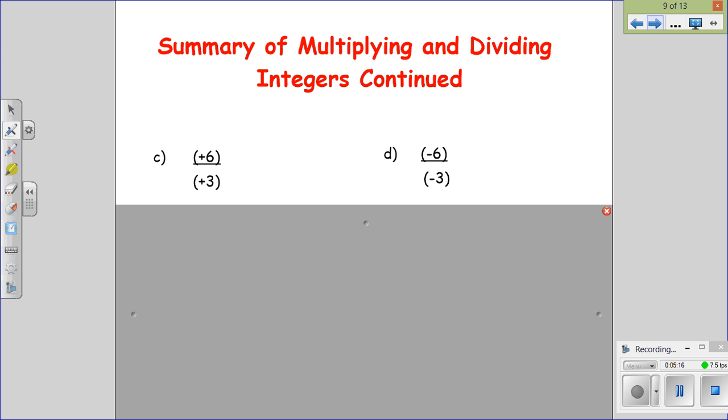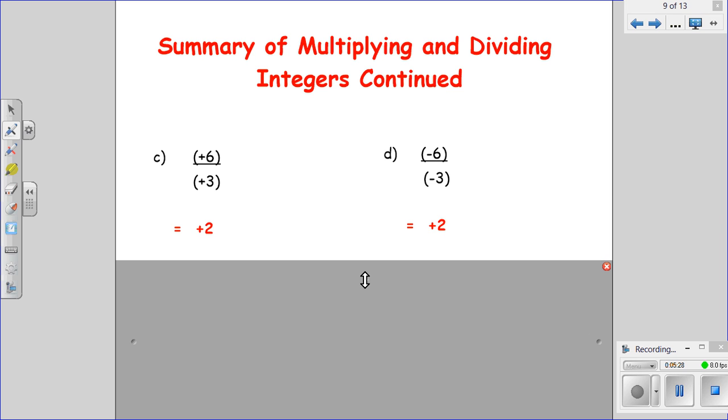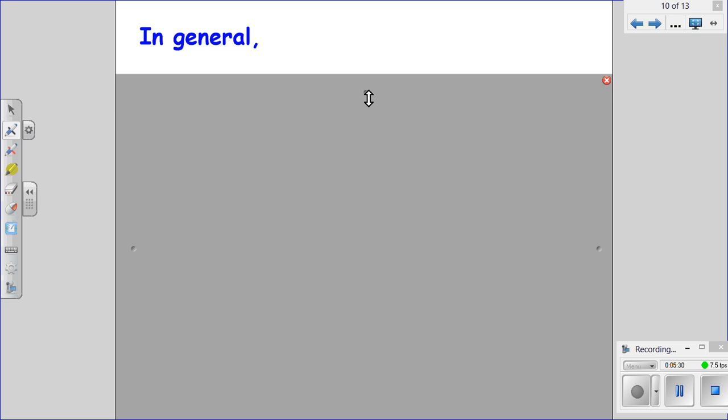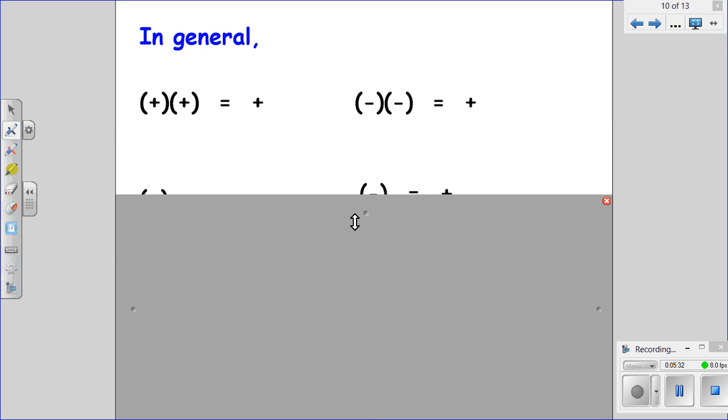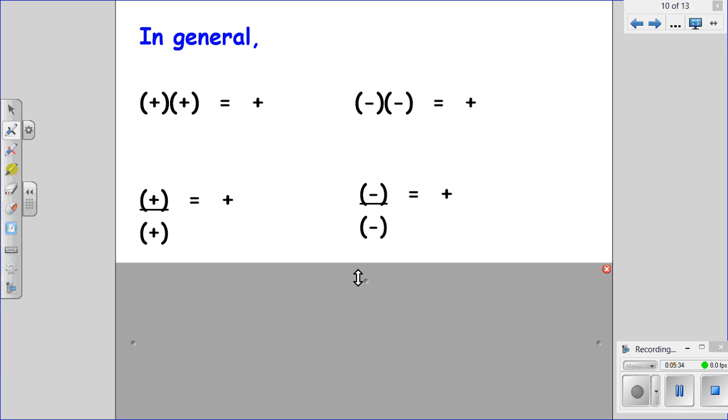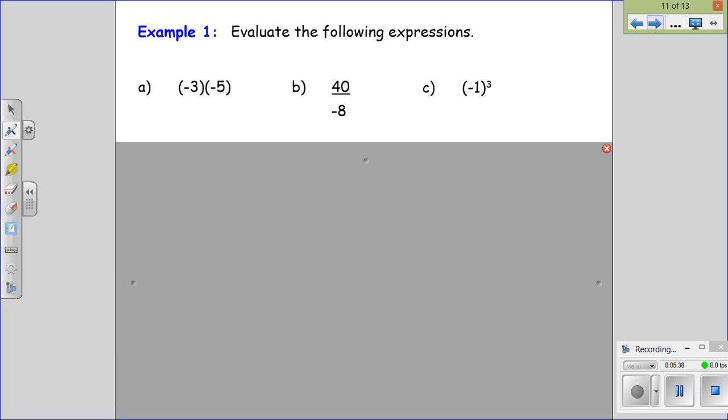Again, that's grade 3 or 4 math. Don't change it. Don't make it new. The answer is going to be positive. The new part is the negative 6 divided by negative 3, and we just discovered two numbers, same sign being divided. The answer is going to be positive. So in general, two integers with the same sign multiplied or divided will always result in a positive.